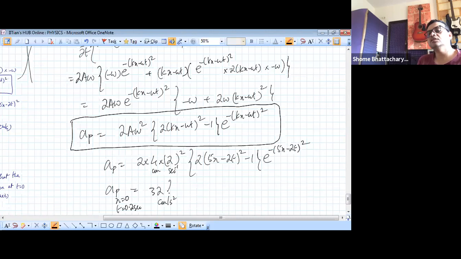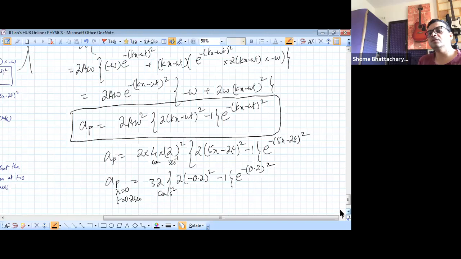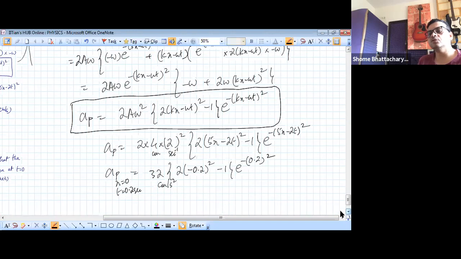This thing into 2 times minus 0.2 whole square, because this term is 0, minus 1, into e raised to the power minus 0.2 whole square. So this is a very odd kind of number, but importantly this is the concept. This is how we calculate it.